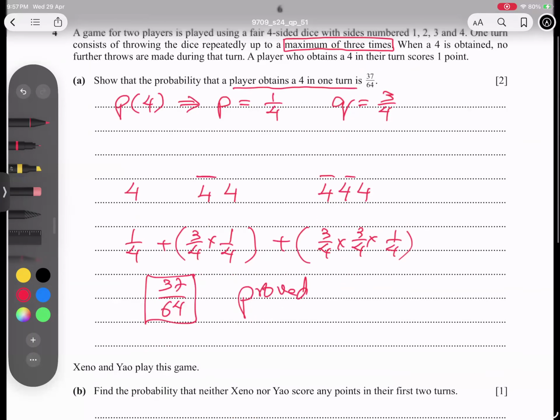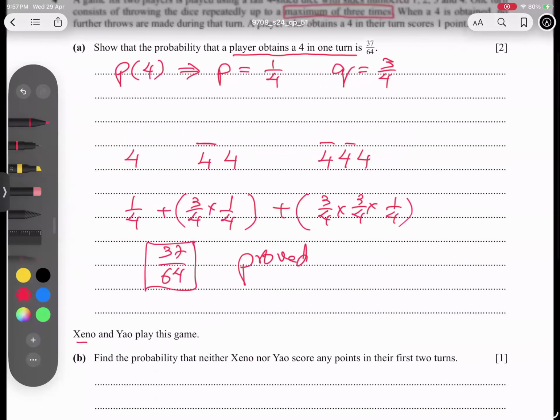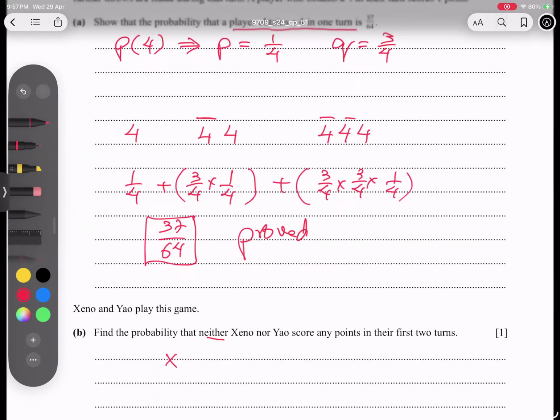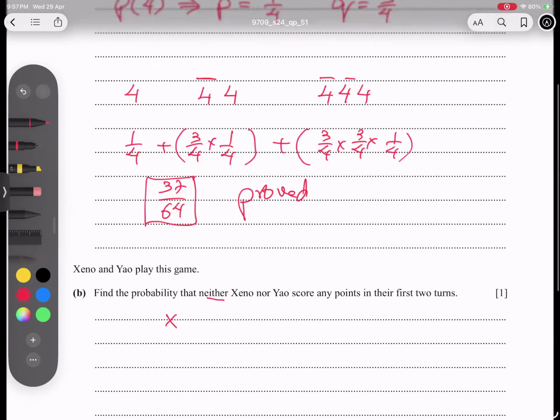And now the next part is what, students? X and Y play this game. Find the probability that neither X nor Y score any point on their first 2 turns. So this is the answer when he scored on the first turn. If I say, for example, let's talk about X, then for the first turn, no score.